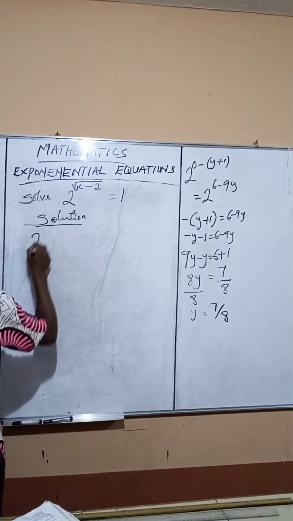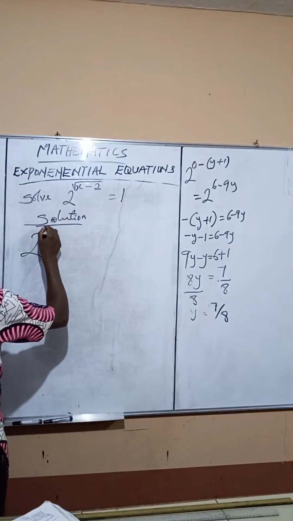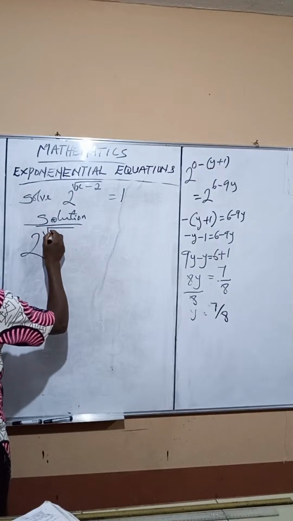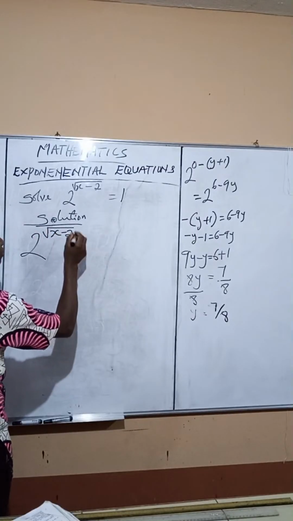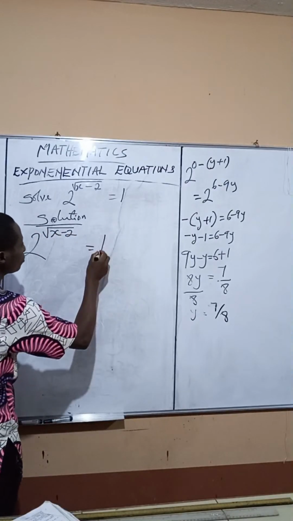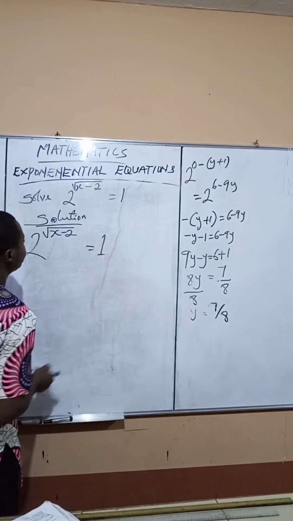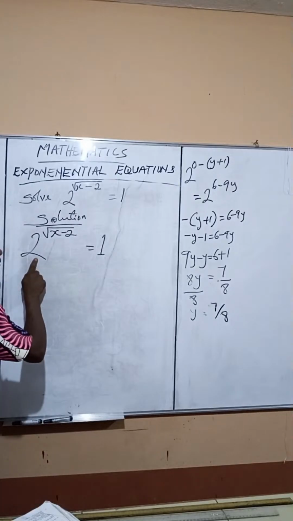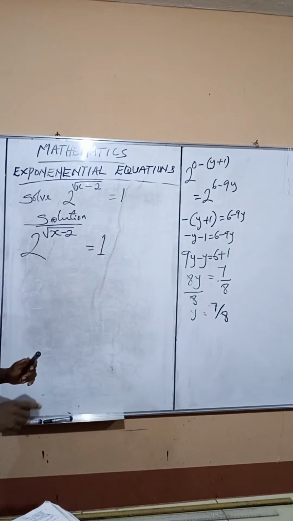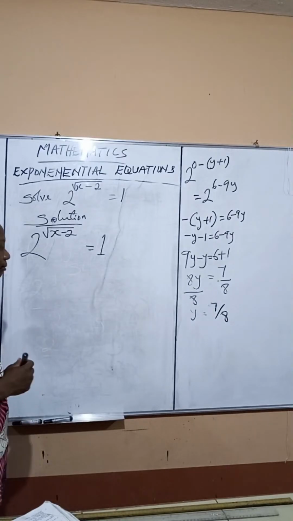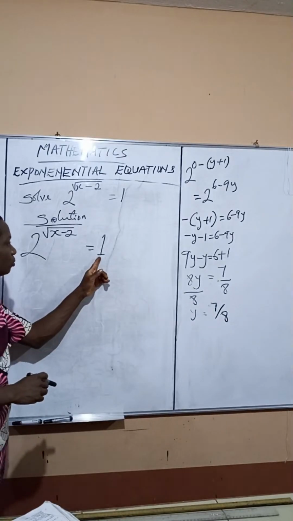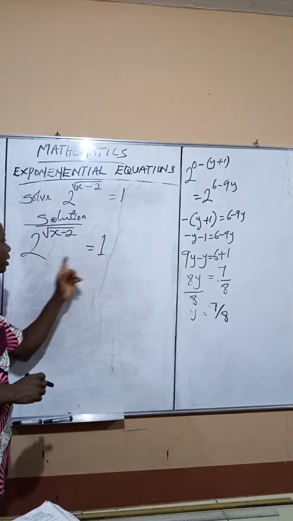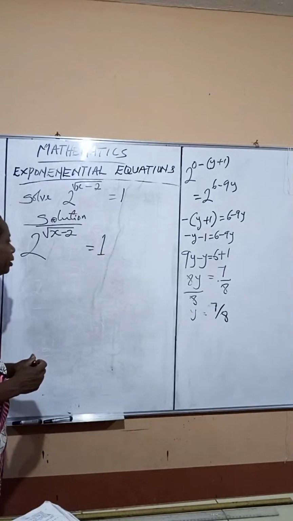Which means we have 2 raised to power the square root of x minus 2 equals to 1. This is quite easy, straightforward, and simple. What will make 2 become 1? From the law of indices, it is when the exponent of 2 becomes 0.